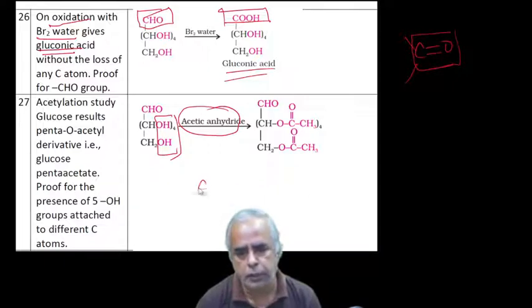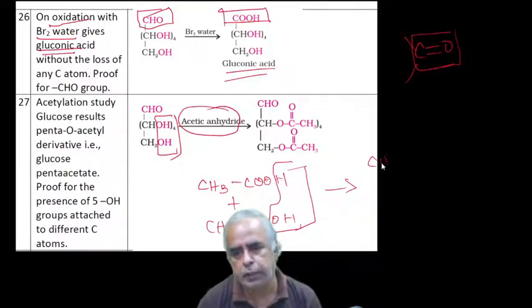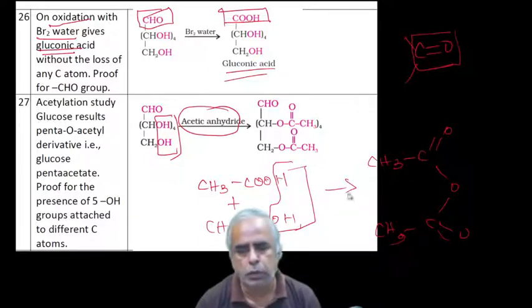Two moles of CH3COOH, acetic acid, can combine, and on the removal of water you will get acetic anhydride: CH3 C double bond O, O, C double bond O CH3. So this is known as acetic anhydride.